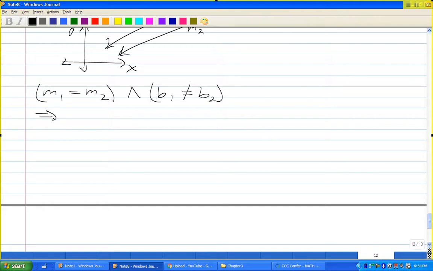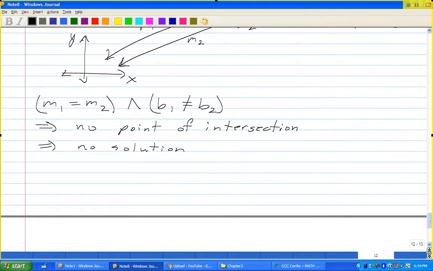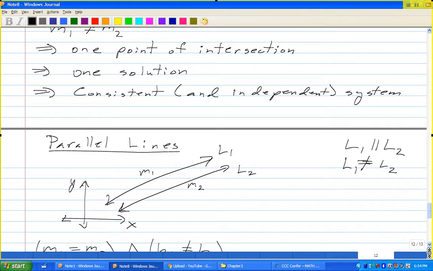Then this has no solution because there's no point of intersection between these two lines. And so that means that we have no solution. The number of solutions is 0. So here we had one solution.